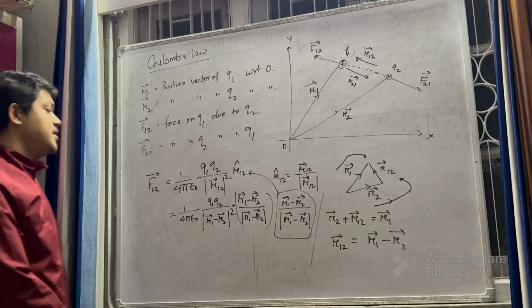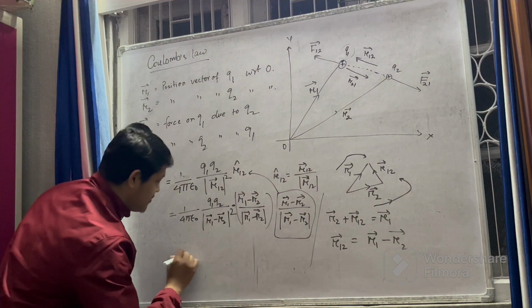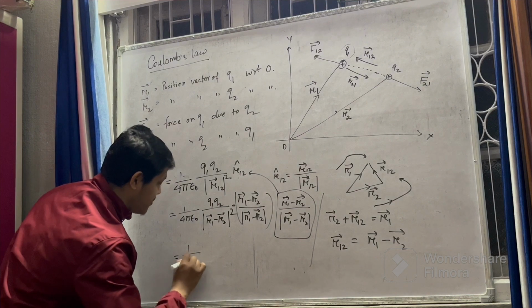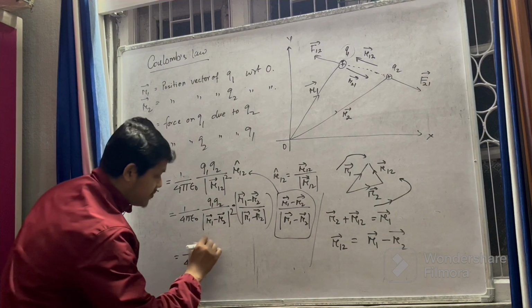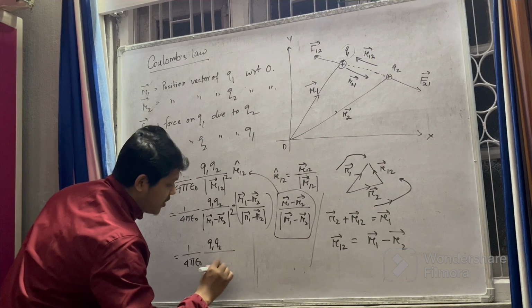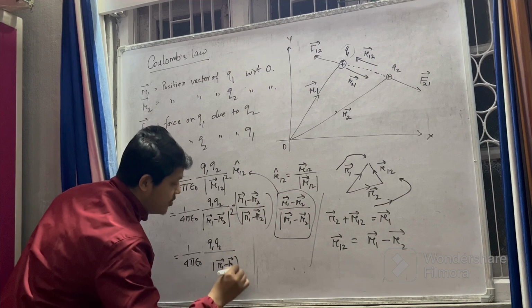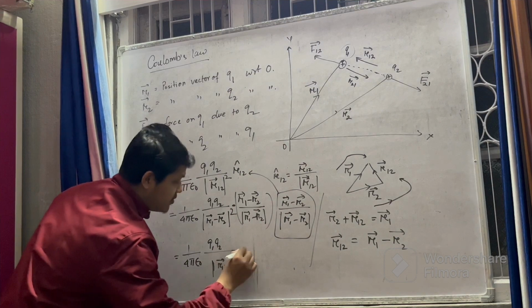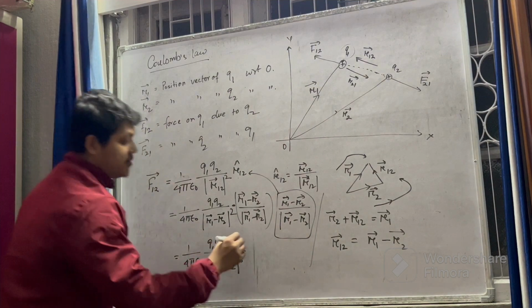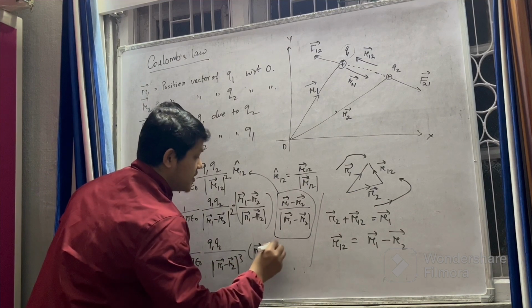So hope you have understood this. Now if you multiply these two, then you will get 1 by 4 pi epsilon naught Q1 Q2 by mod of R1 vector minus R2 vector whole cube, right? Then into R1 vector minus R2 vector.